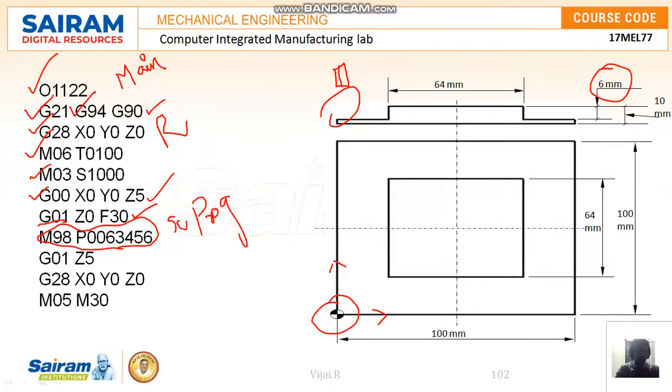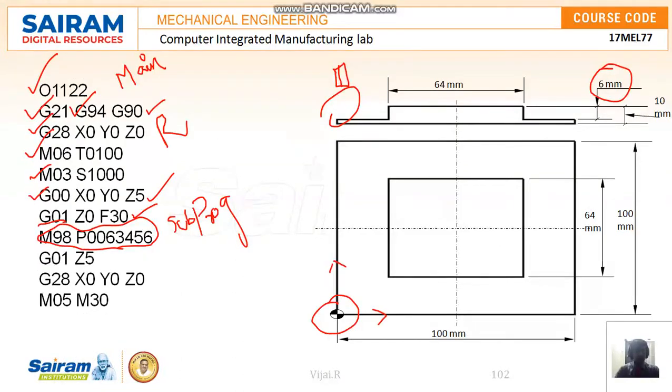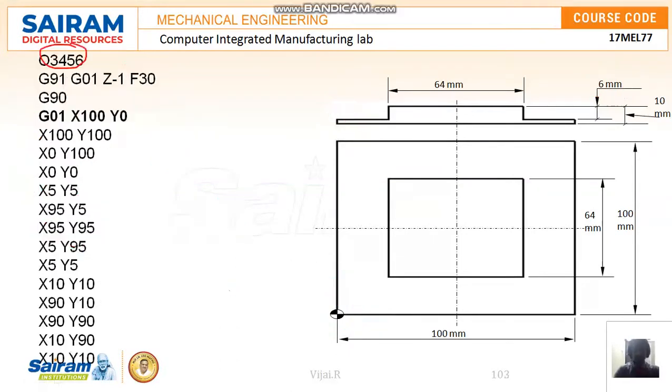The subprogram is already written, so I will show the subprogram. The program number is 3456. Okay, this is very important. The O3456 I am going to call here. Before calling that, I have written P006, which means 6 times I am going to make it, because in this subprogram we are giving an increment of -1 mm each and every time.